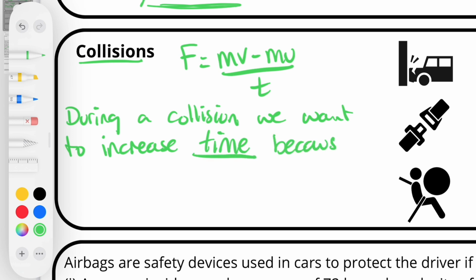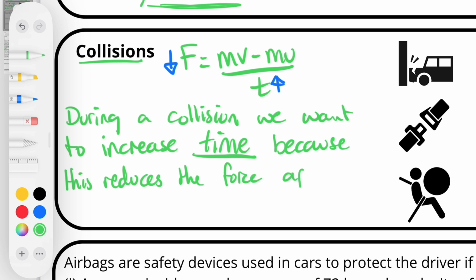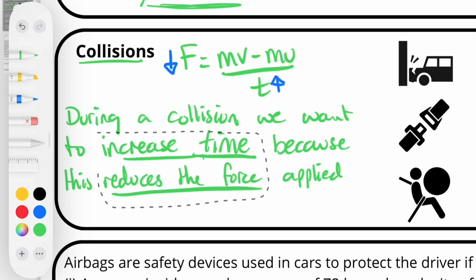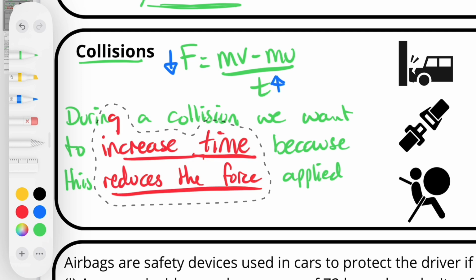Some of you will already be able to figure this out: if we make time bigger, because it's dividing, that makes the force smaller, because this reduces the force applied. So increase the time, reduces the force. Let's change the color of that so it stands out. Let's go with red.